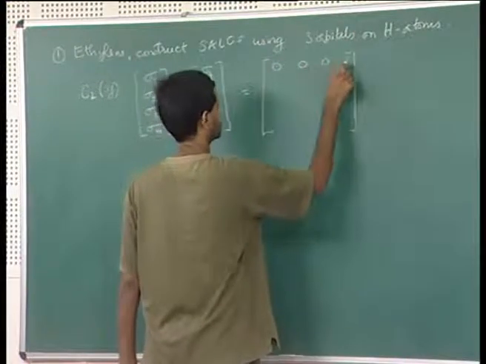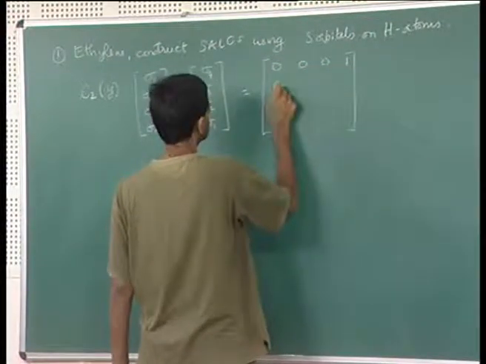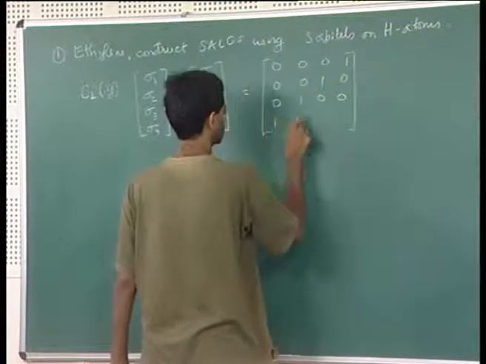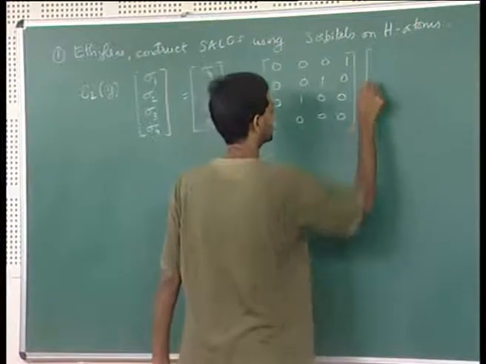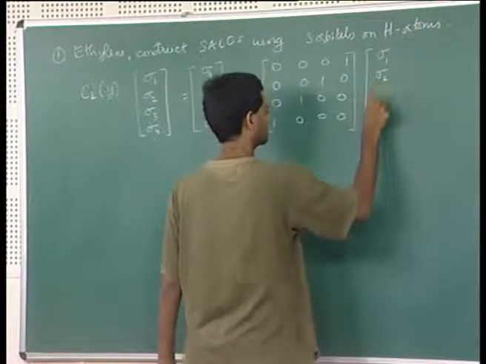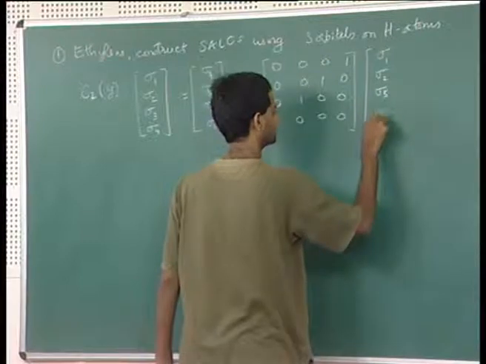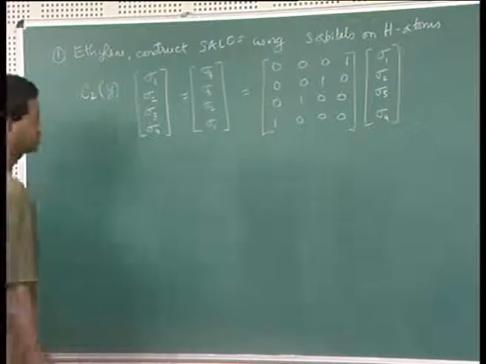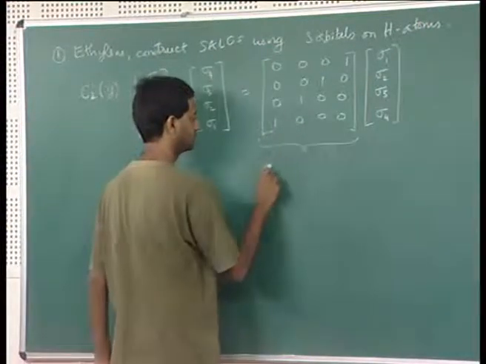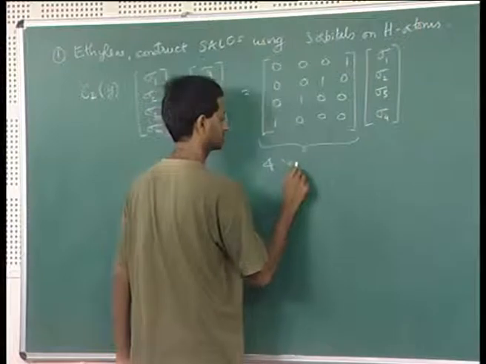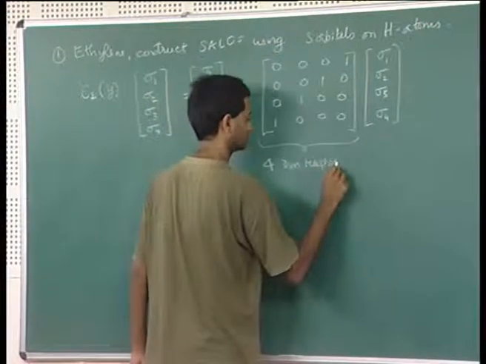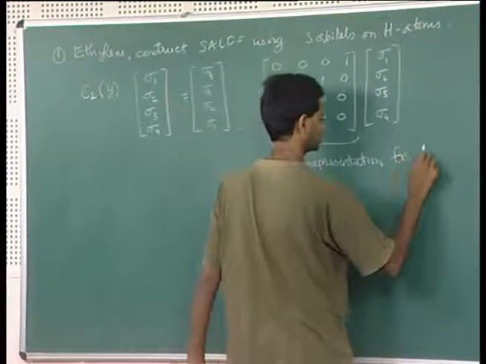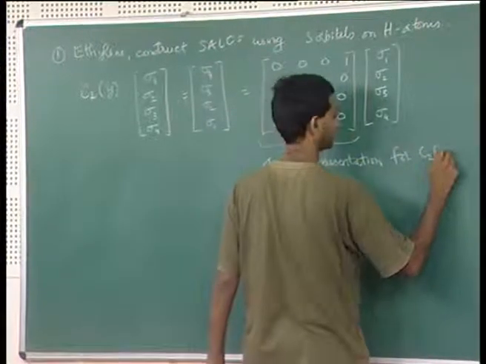Okay, now this I can write as 0 0 0 1, 0 0 1 0, 0 1 0 0, 1 0 0 0 times, okay. So I can write this in this form, and so this becomes a 4-dimensional representation for C2y.